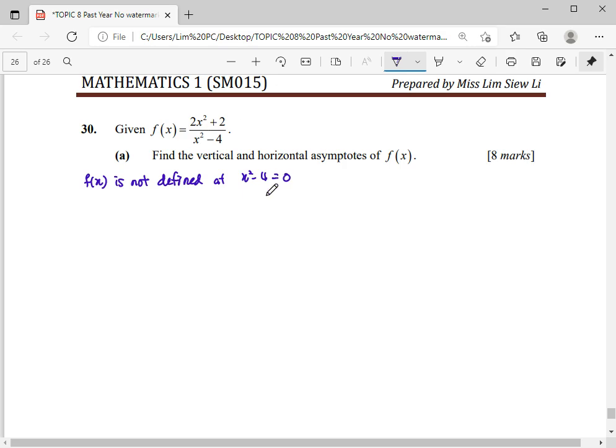So when our denominator equals 0, it will be undefined, so there will be an asymptote there, a vertical asymptote.